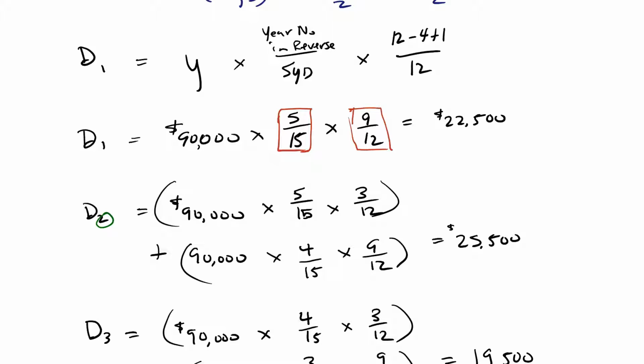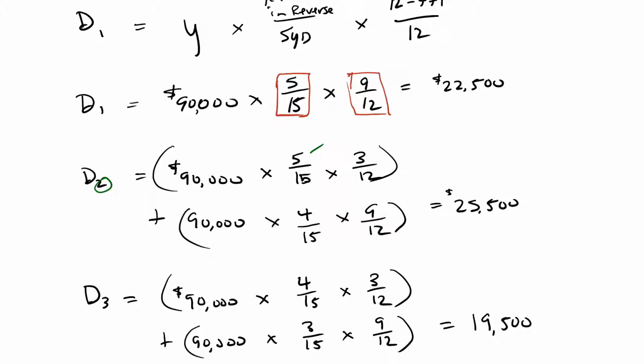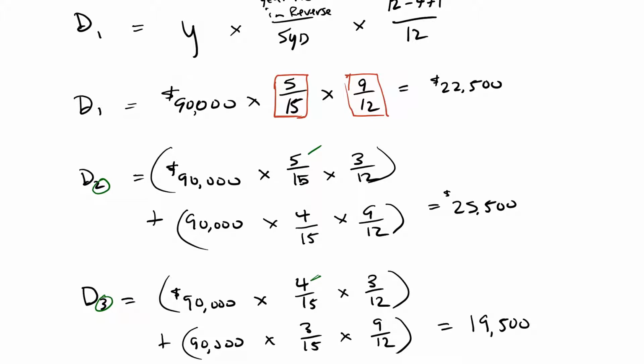First of all, in terms of this SYD fraction, this year number in reverse order, we notice that for year 2 it's 5, for year 3 we're looking at the number 4, and so forth. Let's use that year index, 2 for the second year, 3 for the third year, to give us effectively an equation that we can calculate what that numerator is.